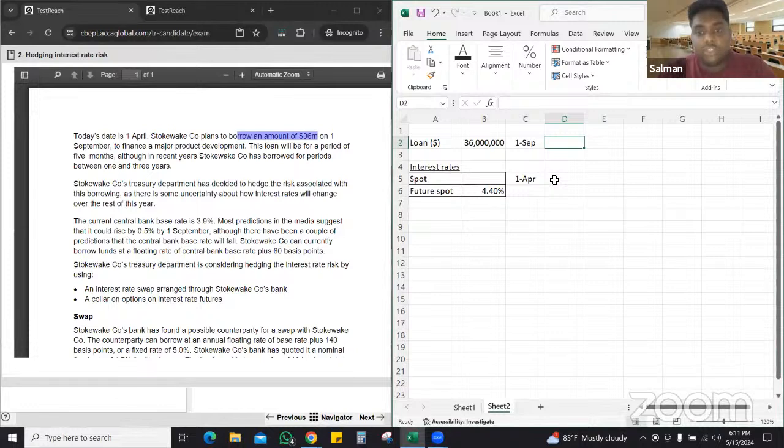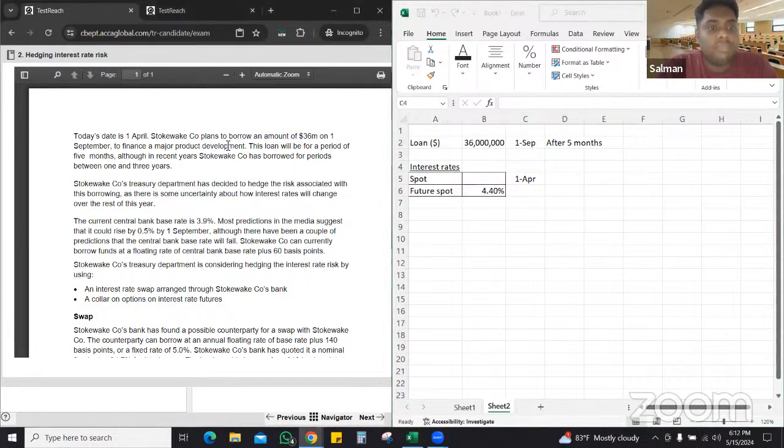So from today to 1st of September: April, May, June, July, end of August. So after 5 months, we'll be borrowing 36 million to finance a major product development.